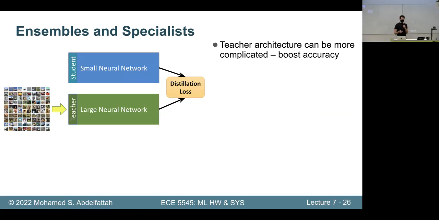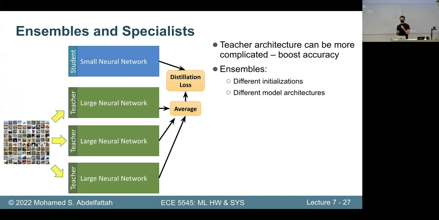Often what people do is that they actually train ensembles of neural networks, which means multiple neural networks doing the same thing. And then they average their output to use it as an input to this distillation loss. And so what does this do? In general, ensembles or groups of neural networks can bump up your accuracy a bit.